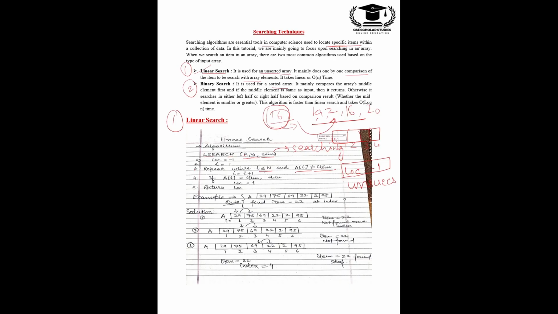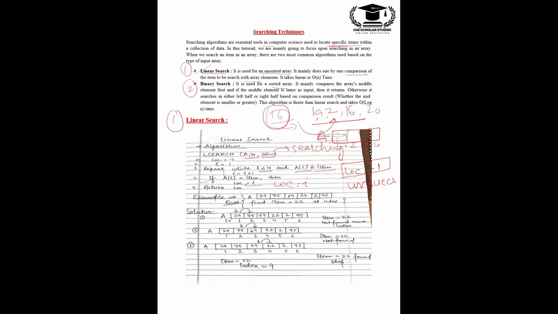When A[I], the element at index I, is not equal to the searching element, then you enter this loop and increase I equals I plus 1. Otherwise, if A[I] is equal to the item, then we print the location of that item in the array, and then return the location.